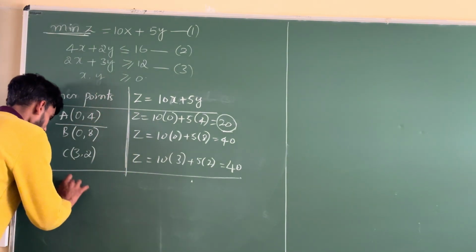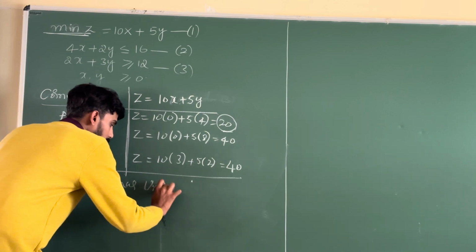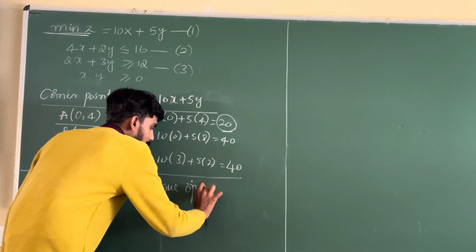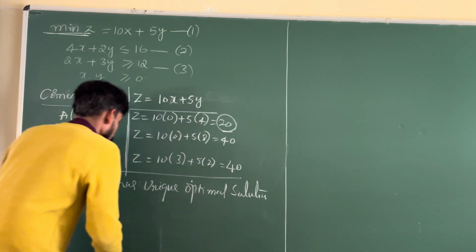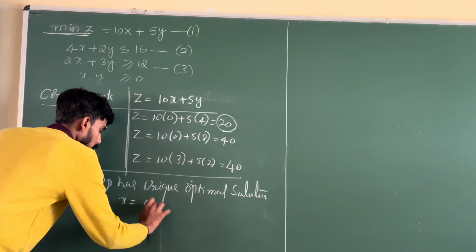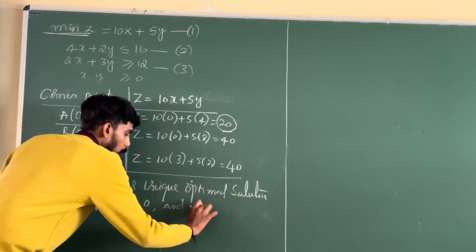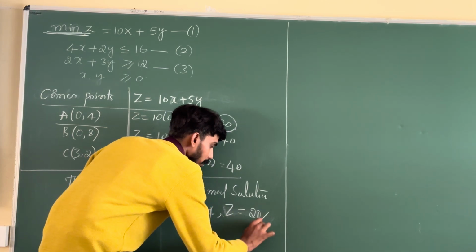Hence, you can write the LPP has unique optimal solution for x equal to 0 and y equal to 4, the z value as 20.